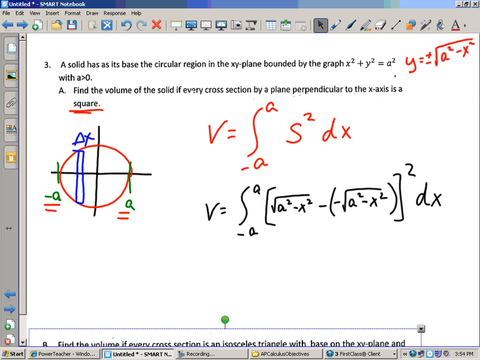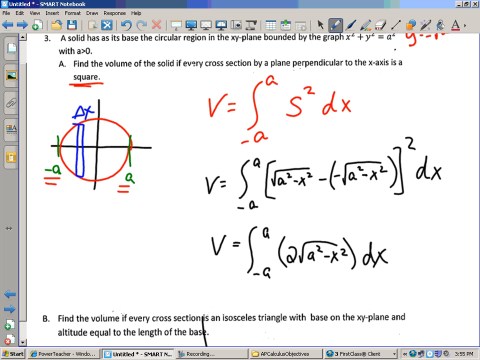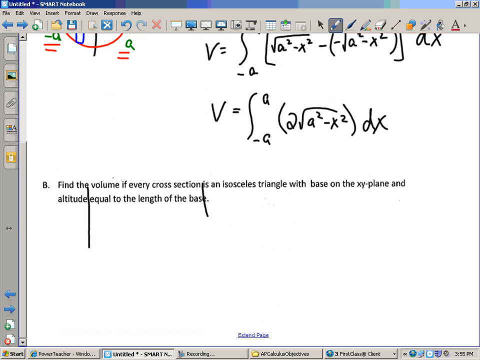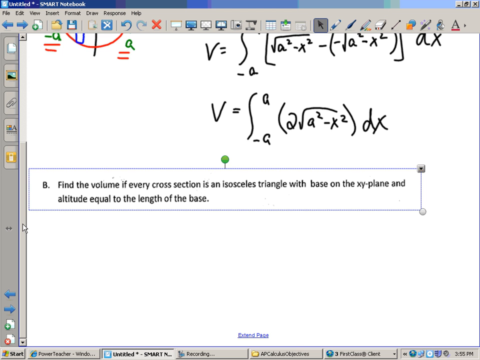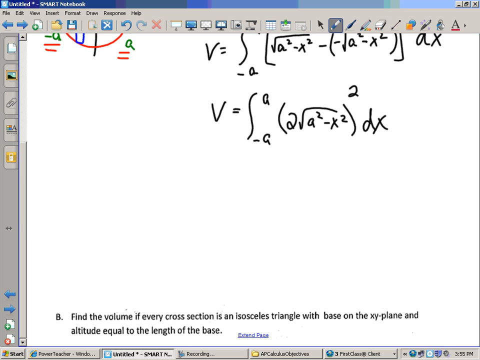Okay, next let's combine like terms. Volume equals negative a to a. We'll end up with 2 radical a squared minus x squared, quantity squared, delta x. Next, let's square.